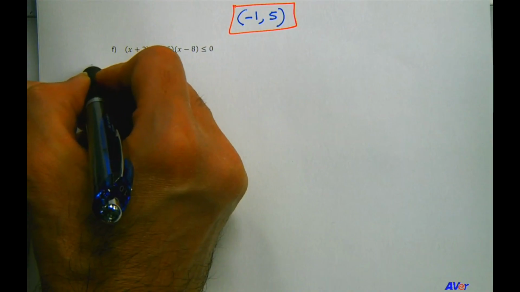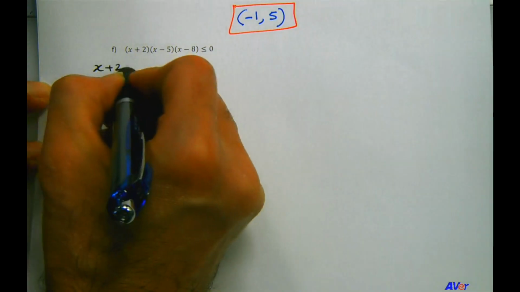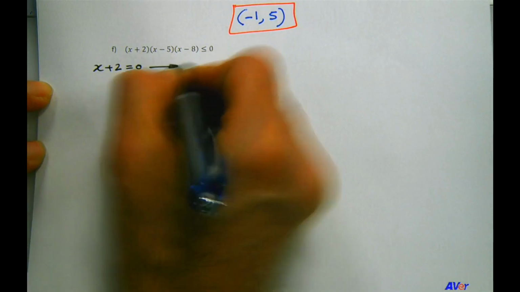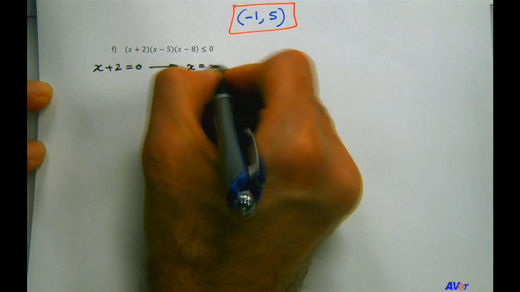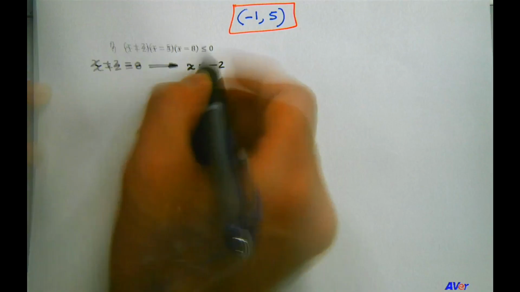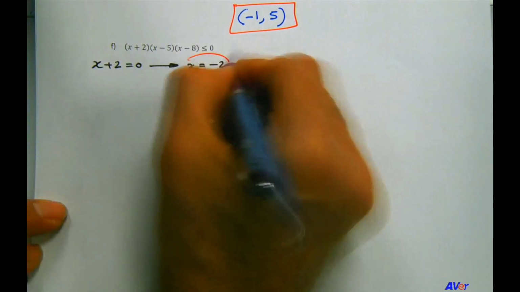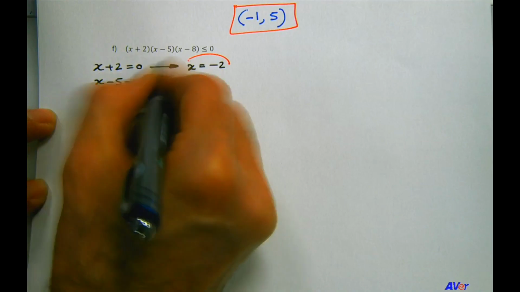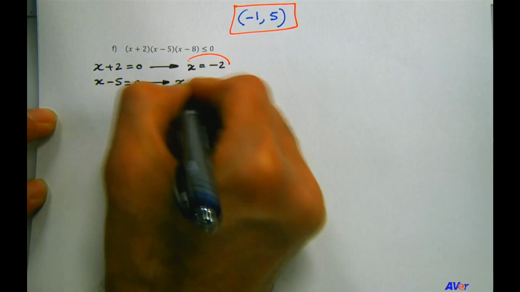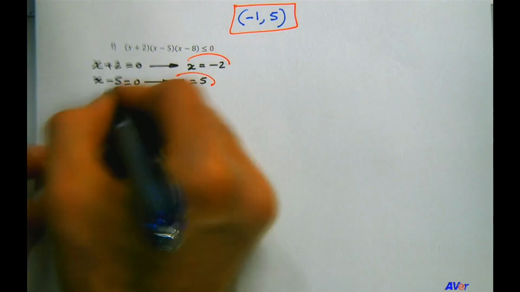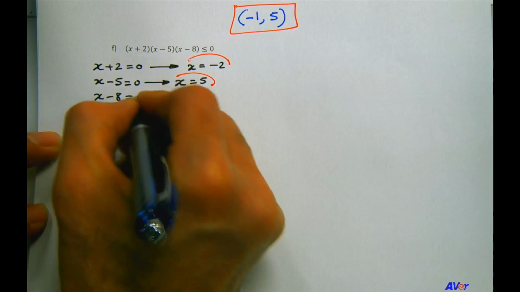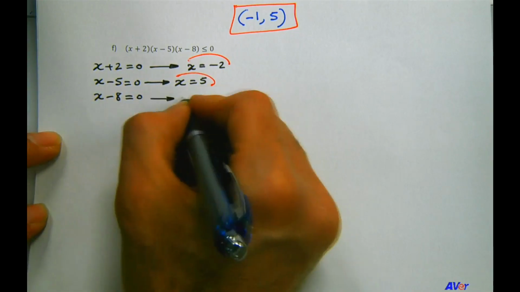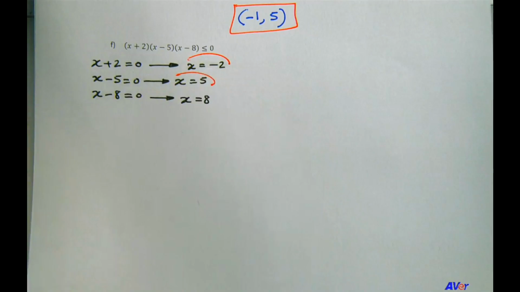So let's find the boundary solutions. We have x plus 2 equals 0, so x equals negative 2. That's one of the boundary solutions. And then x minus 5 equals 0. That's another boundary solution. x minus 8 equals 0, and x equals 8.